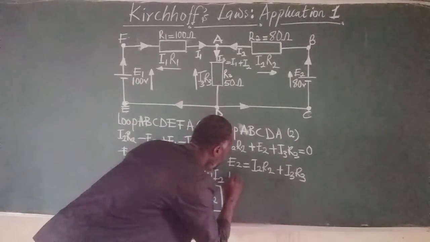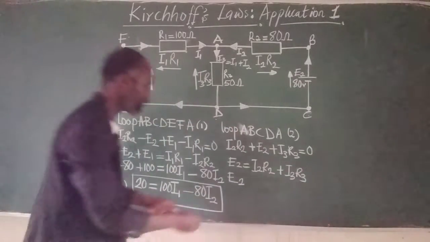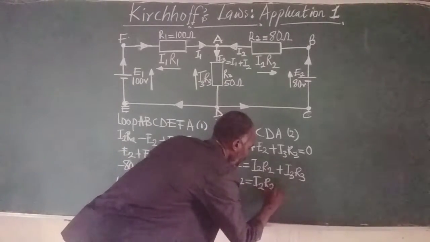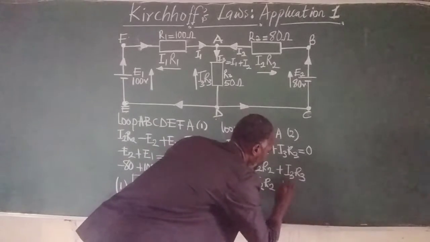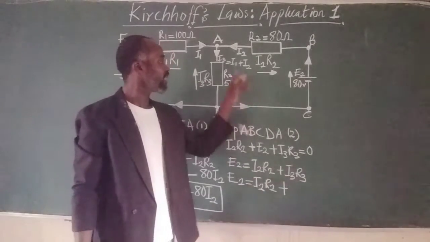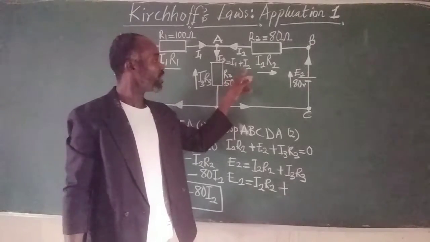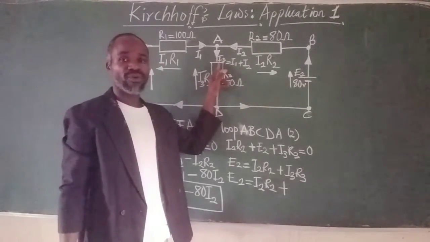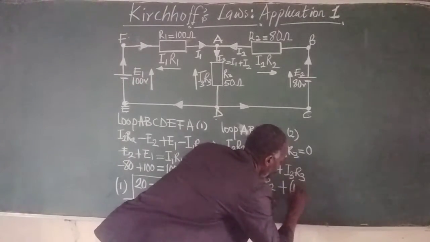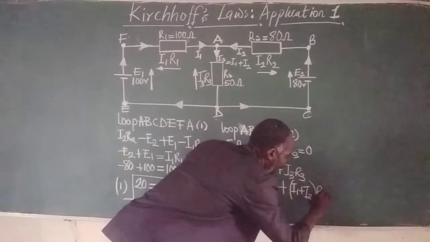It means that E2 is equal to I2 R2 plus, and we split this, current 3. Look at the split here: it is the combination of current 1 and current 2 that gives current 3. So we split I3 into bracket open current 1 plus current 2, bracket close, and then R3.